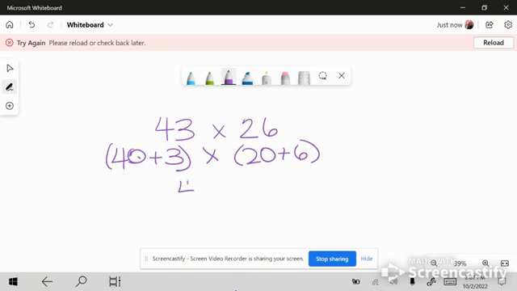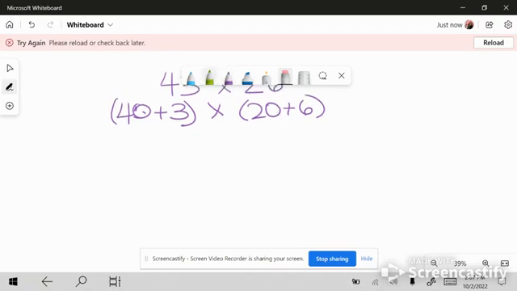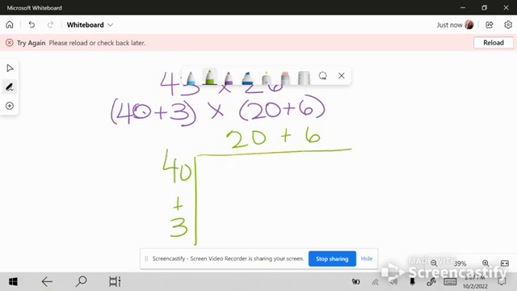Writing these numbers down the side, 40 plus 3, and then across the top, 20 plus 6. We make sure our sticks cover all of our numbers, and then we close our shape. At each plus sign is where we're going to cut our box apart. Now we go back and we're going to write down our multiplication problems inside.